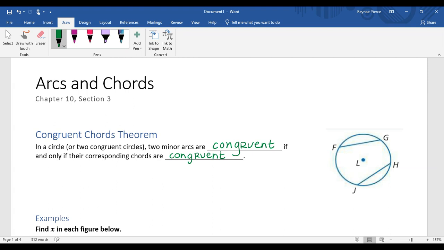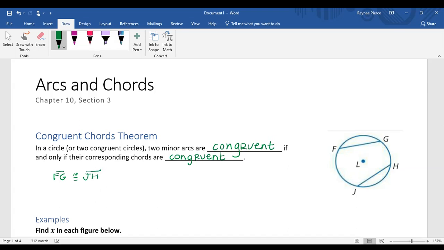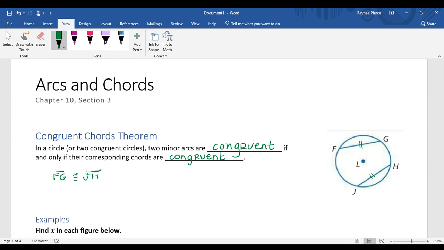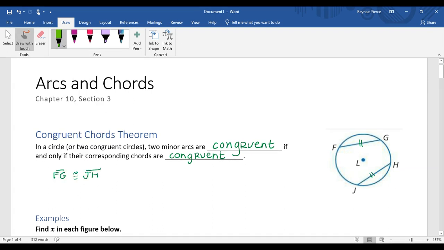So for instance, if we take this circle L over here to the right, we know that if this chord FG is congruent to the chord JH, so we know these two line segments are congruent, then we can say that these minor arcs here that are cut off by those chords are congruent as well.